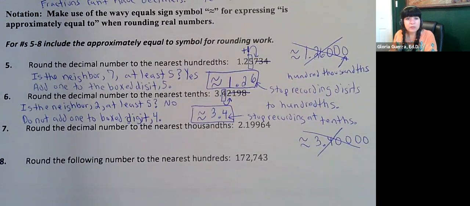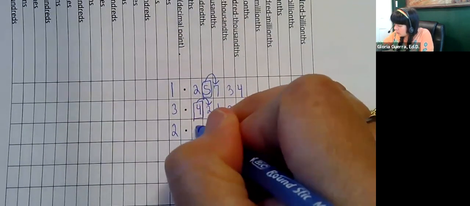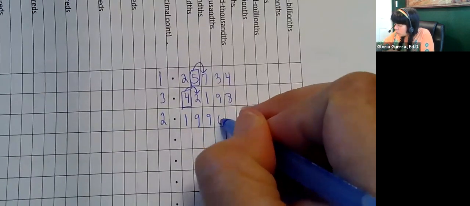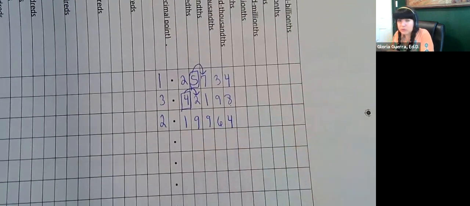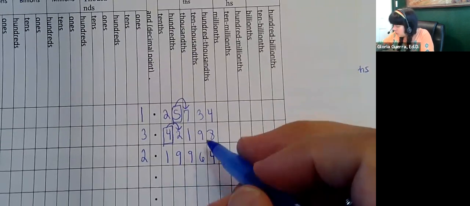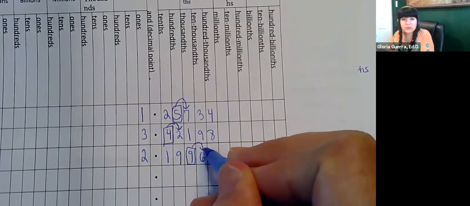Okay, next, round the decimal number to the nearest thousands. Okay, so I have 2.1 and then a 9 and then 964. And you're going to the nearest thousands. So tens, hundreds, thousands. Then you look at the neighbor. The neighbor is 6.